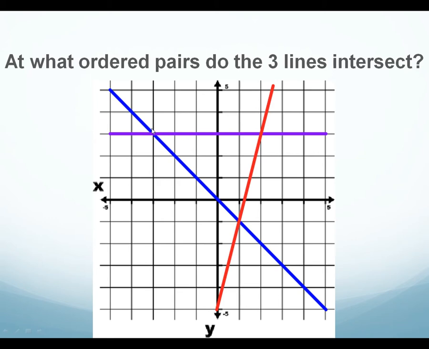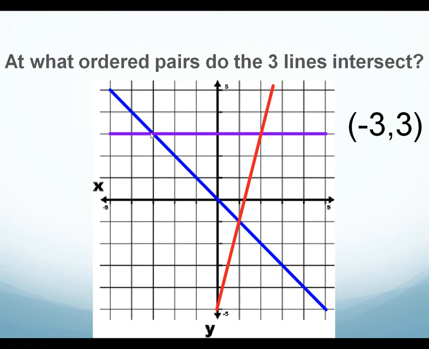Go ahead and look at it, pause the video if you need to, and find what that point would be. Hopefully you got the point -3, 3. Start at the origin, go left 3, so -3 for your x, and then up 3, so +3 for your y. So that's the point -3, 3, and that would be your answer.